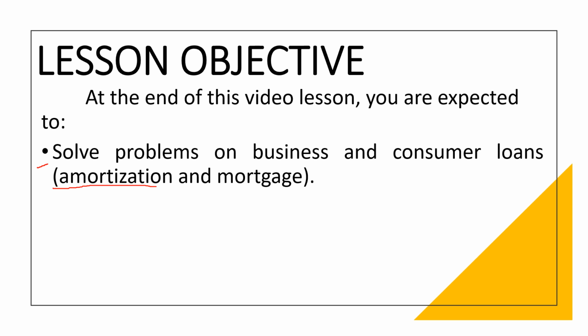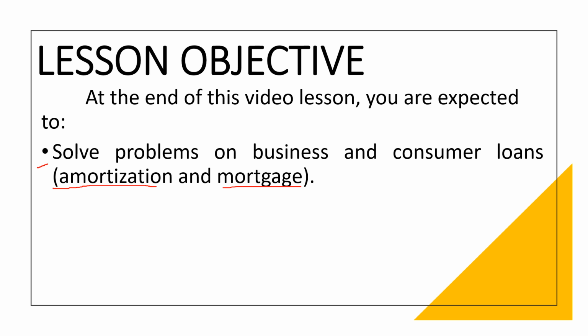Again, it is the action or process in which we can reduce or pay off a debt with regular payments. Now, a mortgage is a legal agreement by which a bank or other creditor lends money at interest in exchange for taking title of the debtor's property.